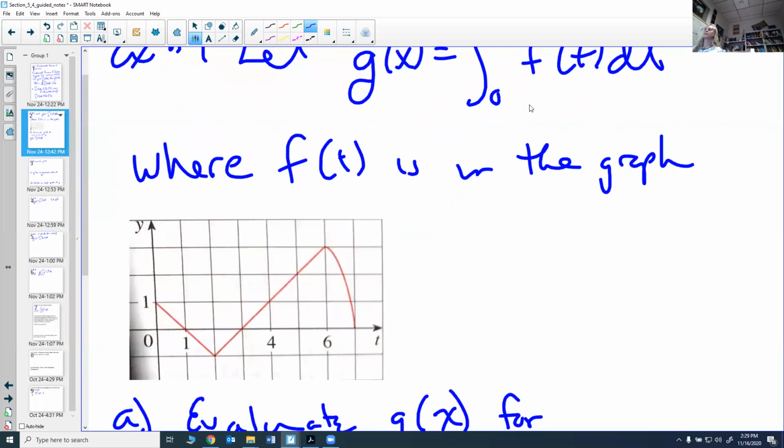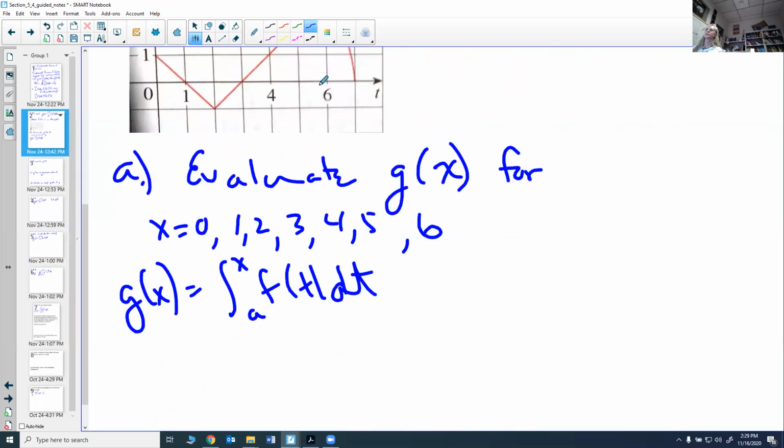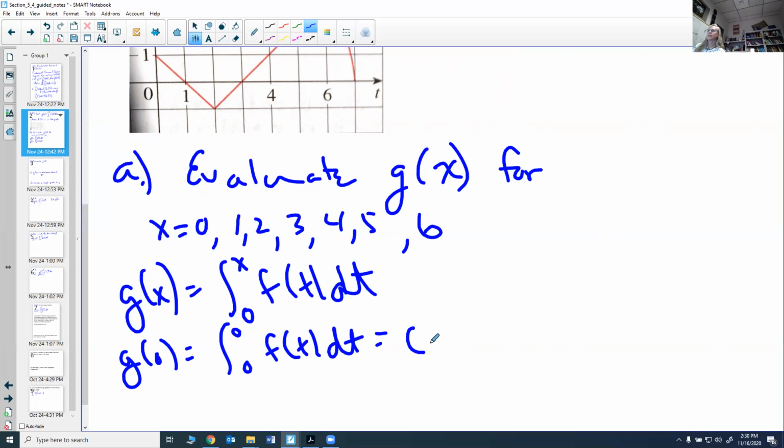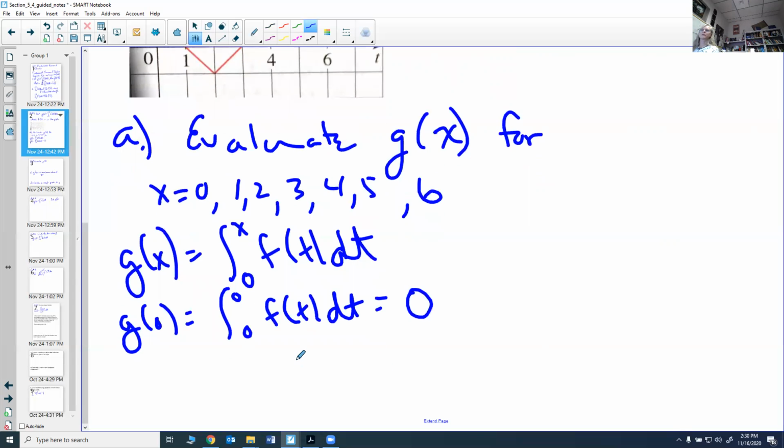It is actually from f of 0 to x. So it's not just f of a. We actually know that a in this case is 0. So if I want g of 0, that would be the integral from 0 to 0 of f of t dt. We already know that that's 0. We have a wonderful property of integrals to say the integral from a to a of a function is always 0. So we know that one's 0.